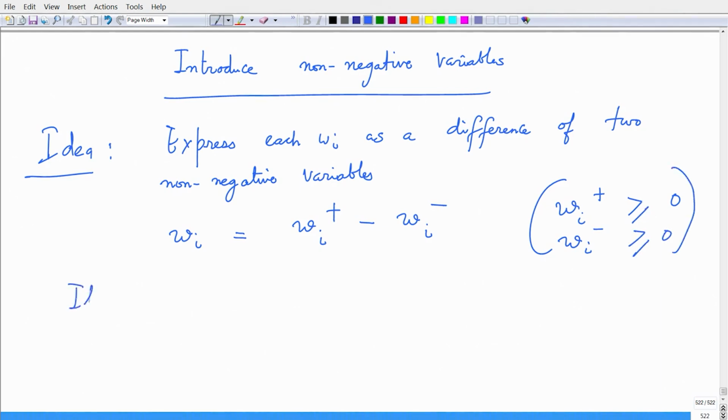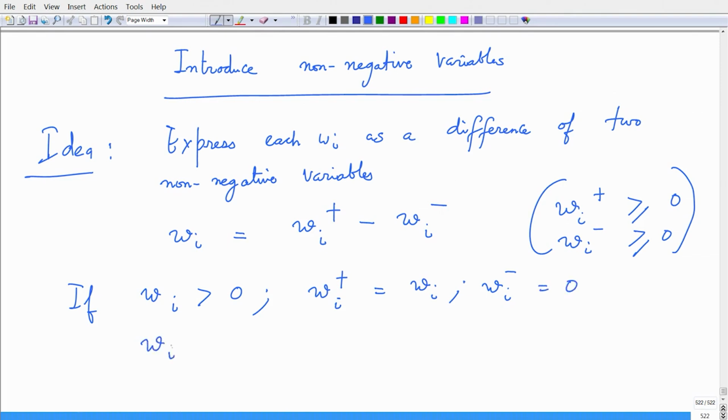Now, if Wi is greater than 0, then I choose Wi plus to be equal to Wi and Wi minus to be 0.